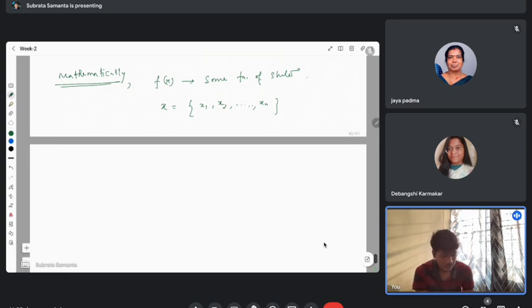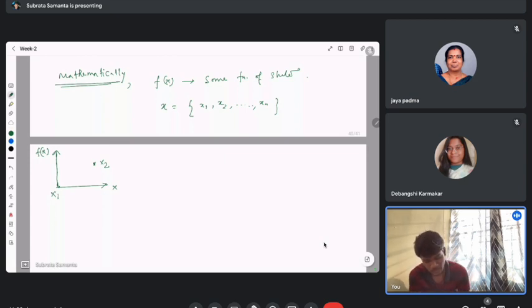Let's say there is an x1 point here and an x2 point there, and we can treat this x1 point as the origin. So in this case, this is x, and this is f of x.